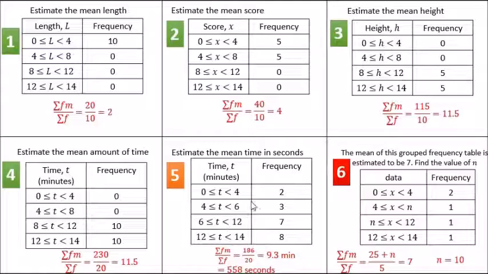This one's a bit trickier. This one says estimate the mean amount of time in seconds, so we're given an amount of time in minutes. Alright, so here we have 2 times 2 is 4, 3 times 5 is 15, 7 times 9 is 63, 8 times 13 over here, and then if we add those up, then we get 186.